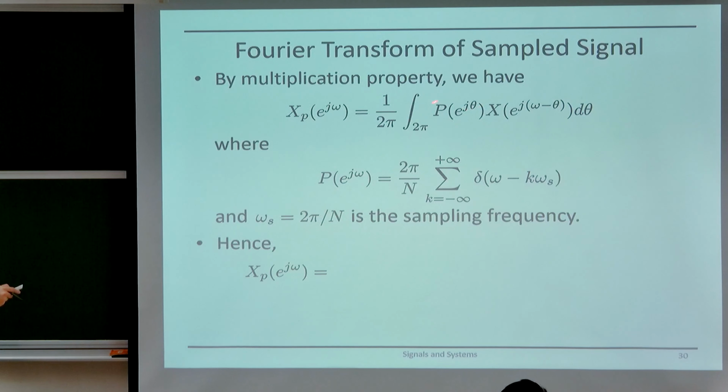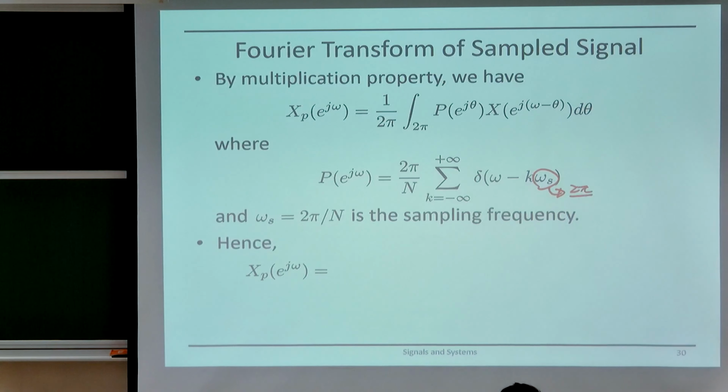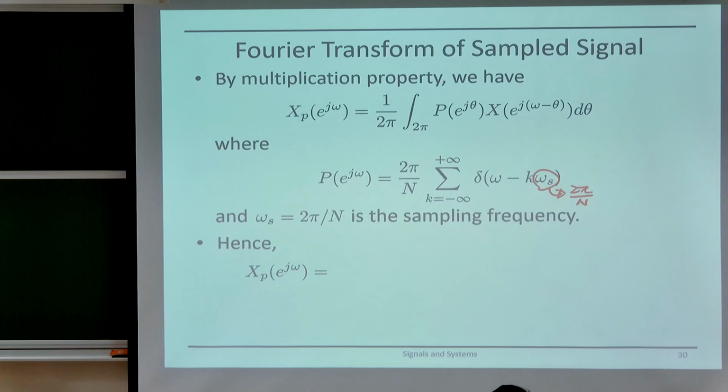An impulse train in time gives you a Fourier transform that is also an impulse train in frequency, separated by omega s, which is 2 pi over capital N. This is the sampling frequency.